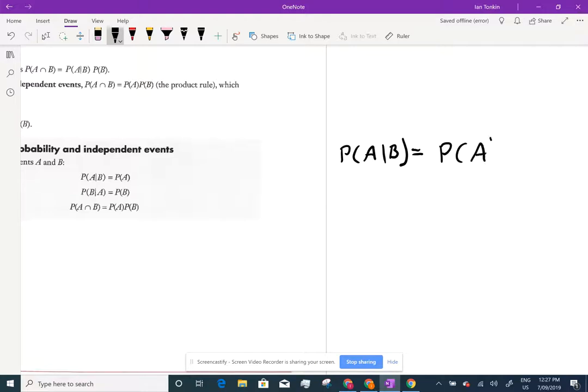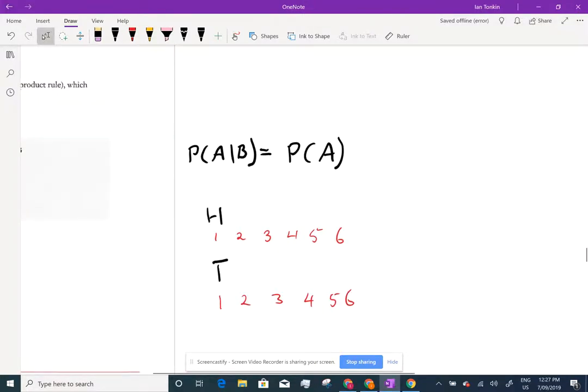And I'll give you an example. Imagine I'm tossing a coin, so I can get a head or a tail, and I'm rolling a die, 1, 2, 3, 4, 5, 6. Now, what's the probability I get a 6 if I've got a head?